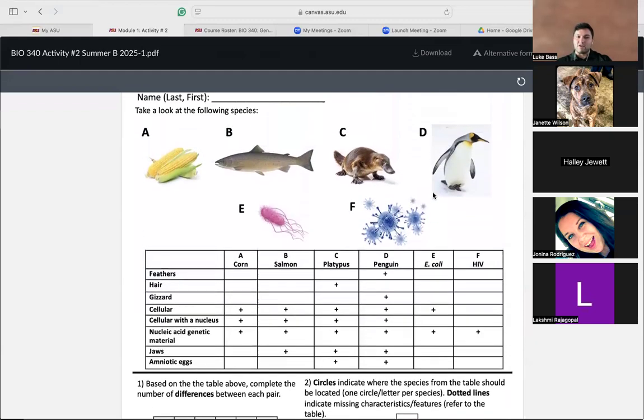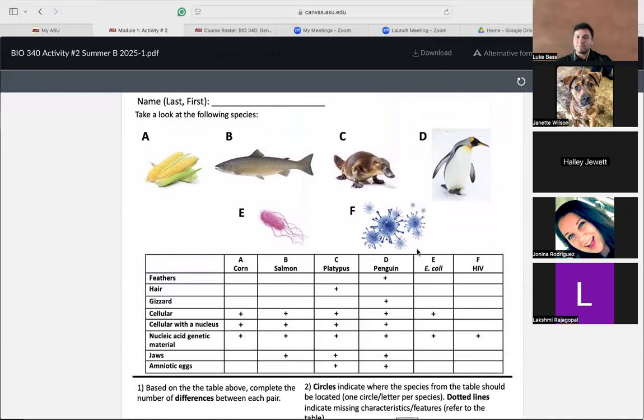Does anyone else have any other questions about activity two?